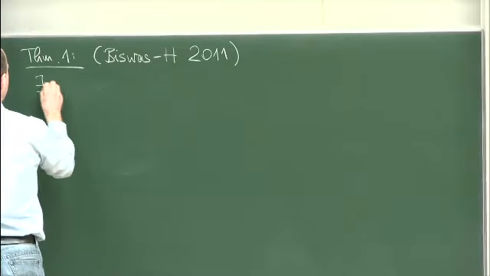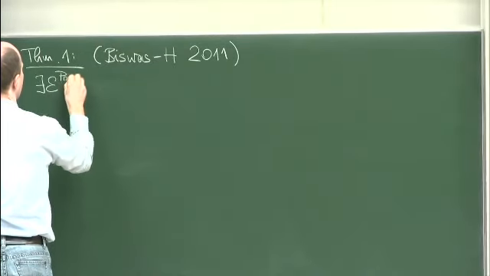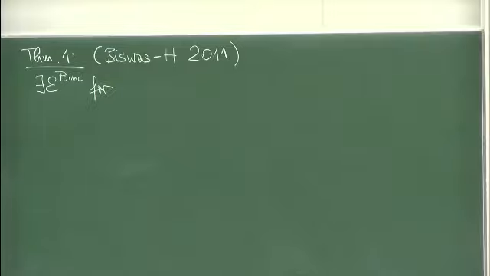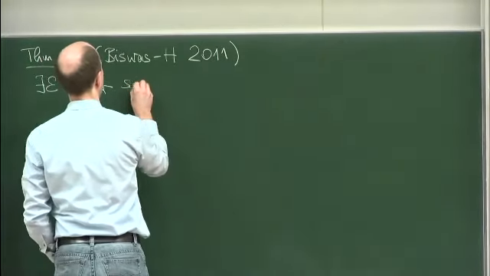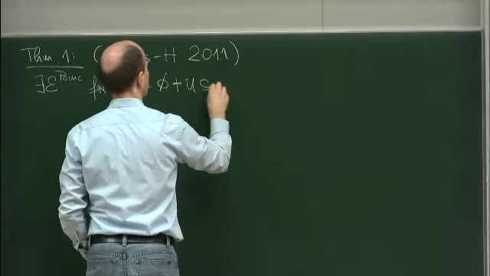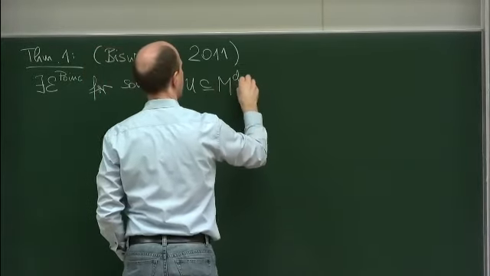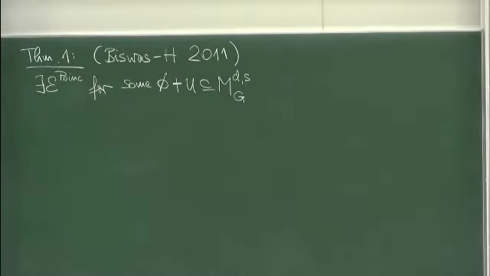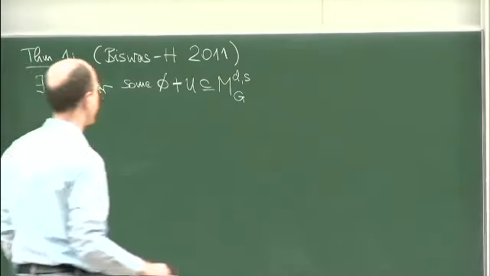So there exists such a Poincare family for arbitrarily small open parts in the moduli space, in the component of the moduli space of G bundles, if and only if the following holds.